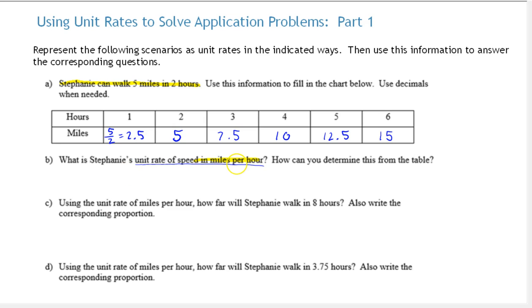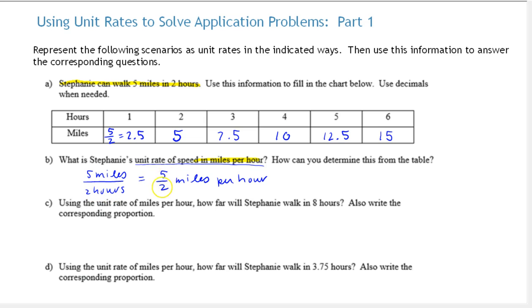So here we know that it's 5 miles in 2 hours. So we can think of this as 5 halves miles per hour. So this is what I meant by the fraction part. This fraction doesn't have a denominator of 1. But since I'm putting the 5 halves in the miles portion, it's 5 halves per 1 hour. So notice the hour is no longer referring to 2 hours.